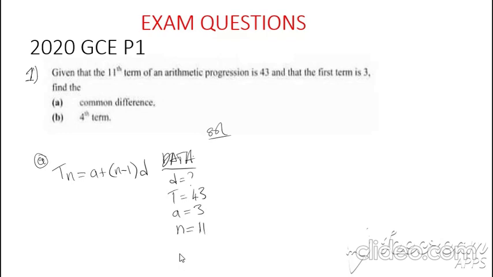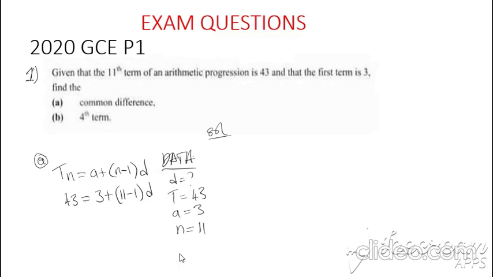So what's the term? The term is 43. Here don't substitute on n, you substitute in this n you are seeing in the bracket. 43 is equal to, what's your first term? 3 plus, what's your n? Your n is 11 minus 1, and then the common difference is the one you're looking for.